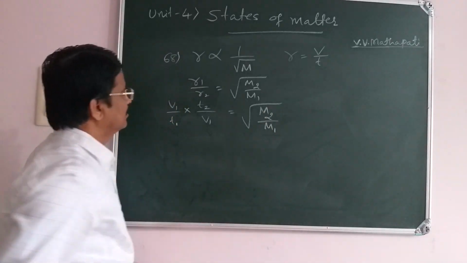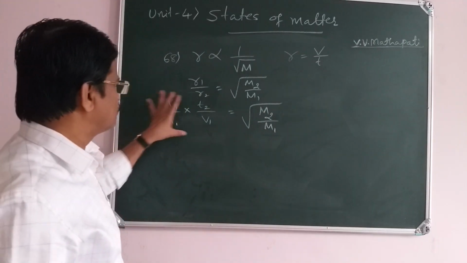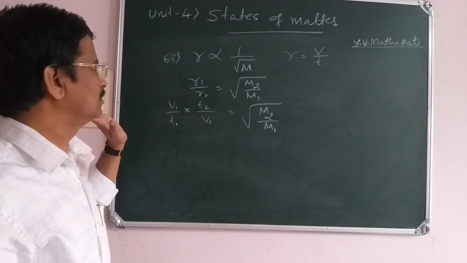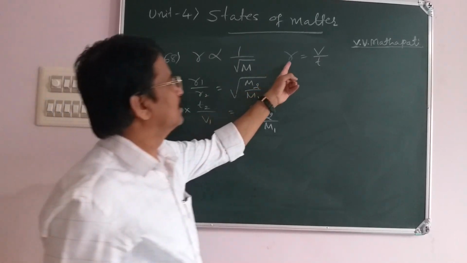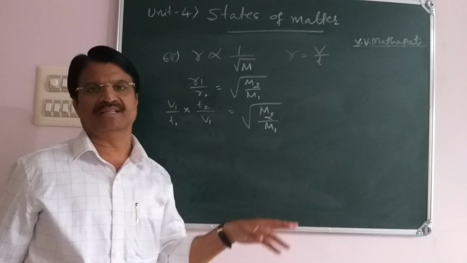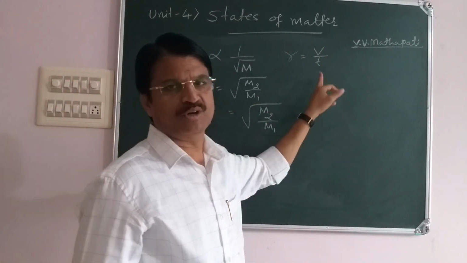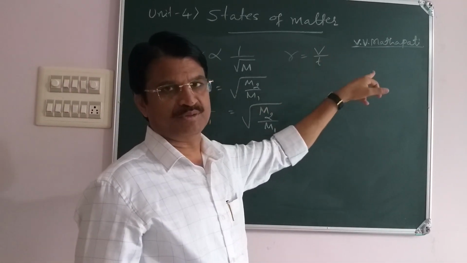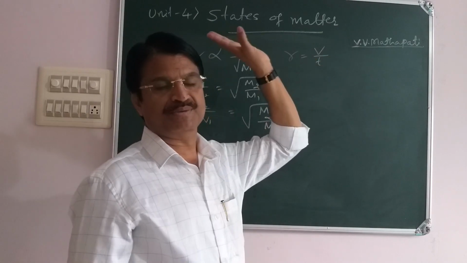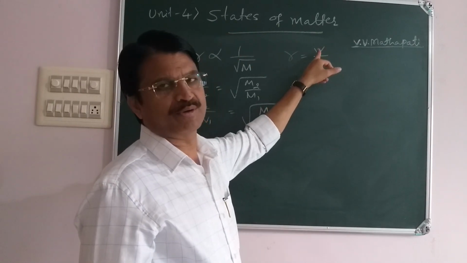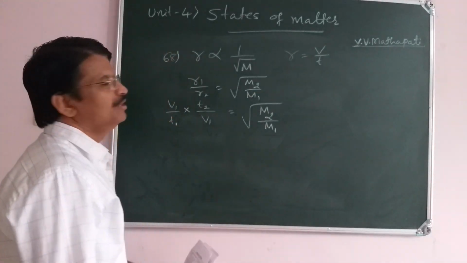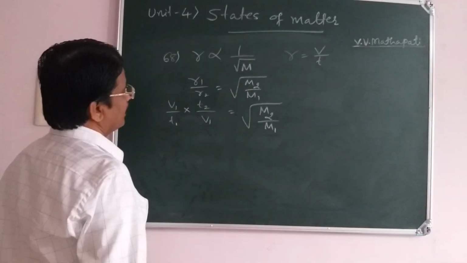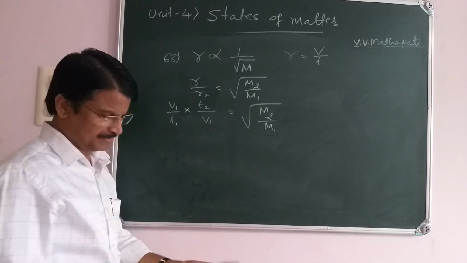Substitute the values and we get the answer, but this formula is important. Rate of diffusion is V by T, the volume of gas diffused divided by time, not velocity. In the previous video I said it is velocity, but it is the volume of gas diffused.